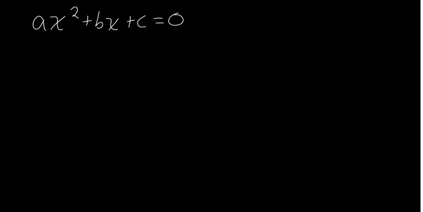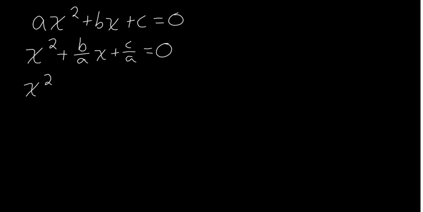Well, a over a is just going to be 1, so x squared plus, well, b divided by a is b over a, and then c is going to be plus c over a. And then we're going to put the constant on the right side. So we're going to say x squared plus b over a times x is equal to negative c over a.